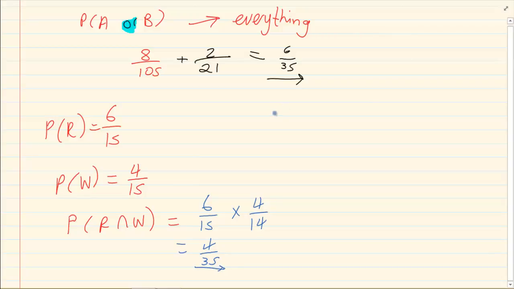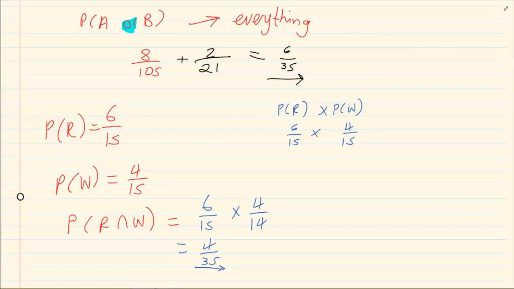Now what is P of R times P of W in their absolute original form? Remember, in the original form, it is what they are at the very level 1. At the very first level, what are they at that level? And if I take that and I multiply it, I got 8 over 75.